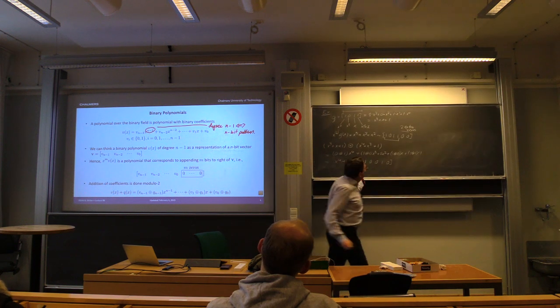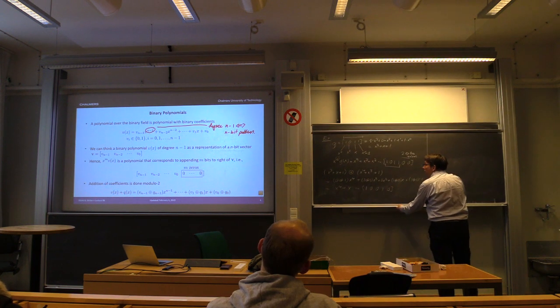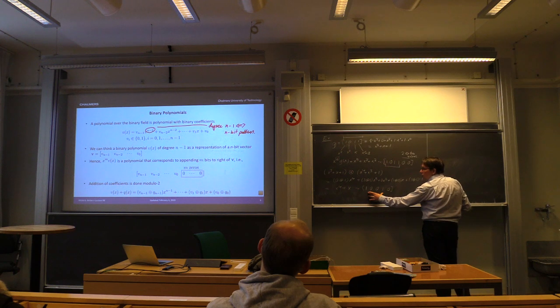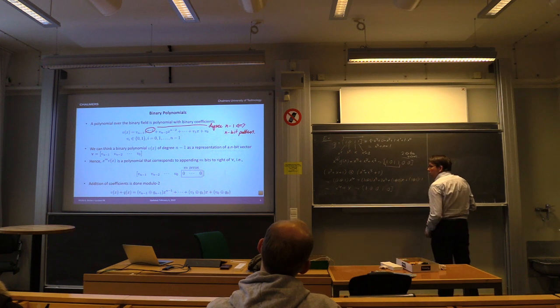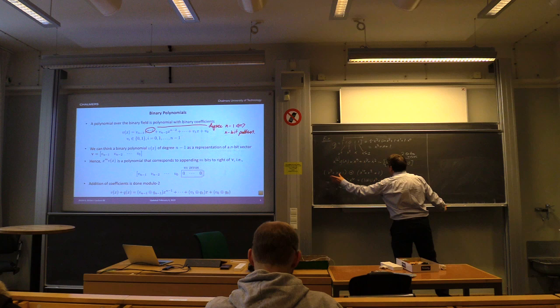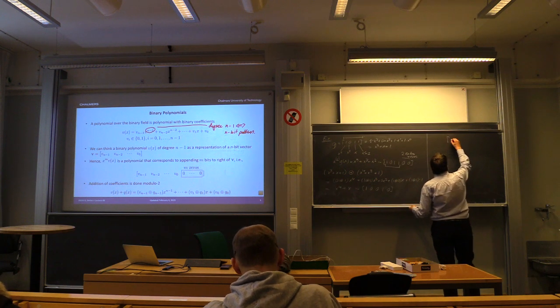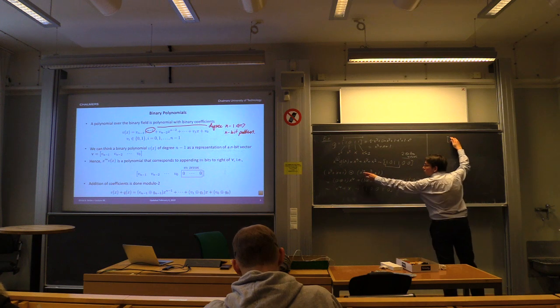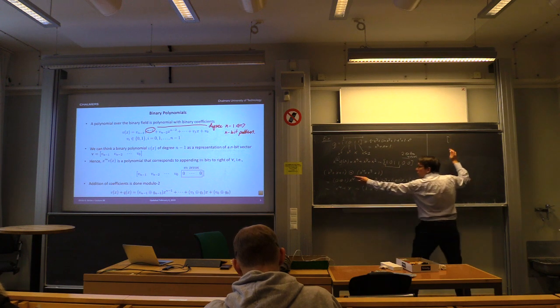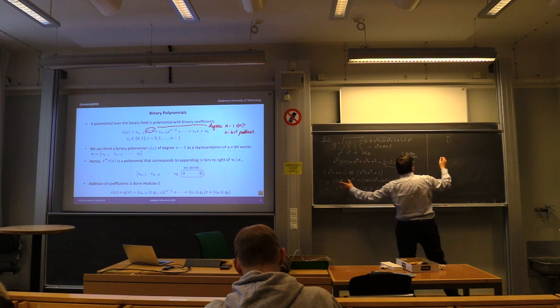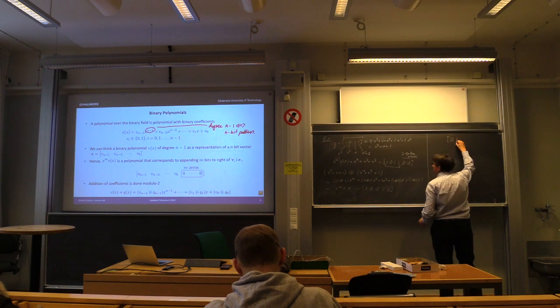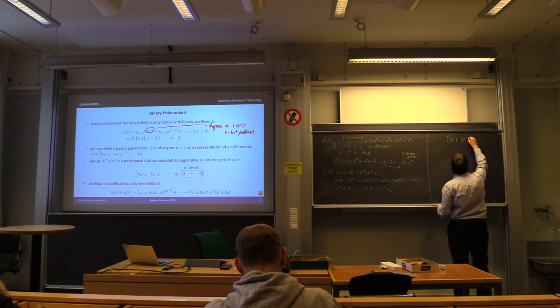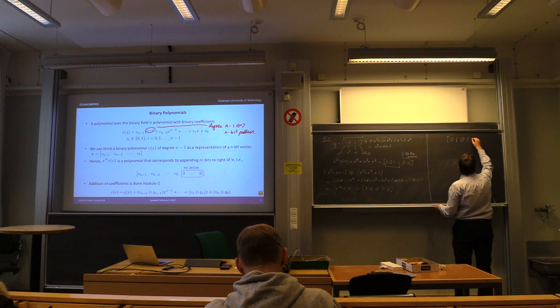Of course, we could have done this addition right away by looking at the bit patterns rather than the polynomials. So if we write out the bit pattern that corresponds to this, we need to start with x^4 because that's the highest power here. So we have 0, we have x^3, we don't have an x^2, we have an x, and we have a 1.